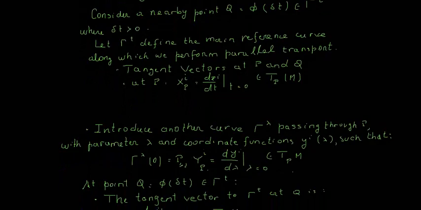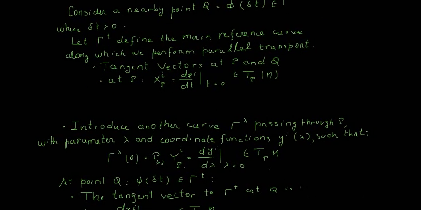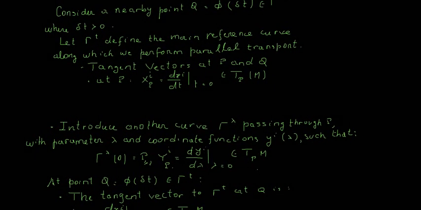So then we have to introduce another curve, gamma of lambda, not gamma t, gamma of lambda, passing through the same point P, with the parameter lambda and the coordinate functions y^i of lambda, such that gamma lambda at 0 is at the same point P that belongs to gamma t.